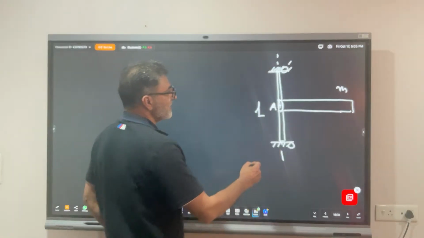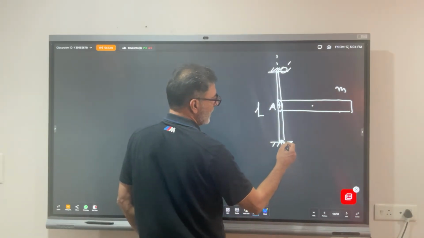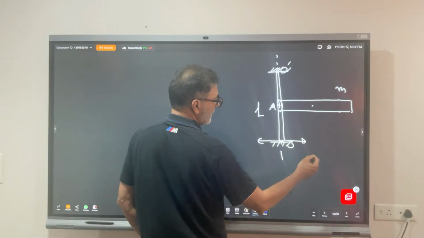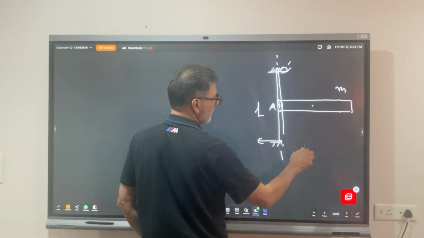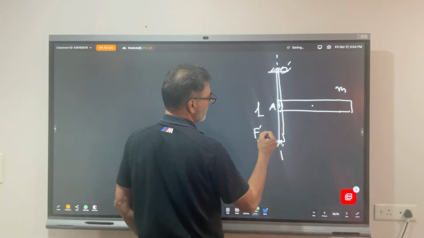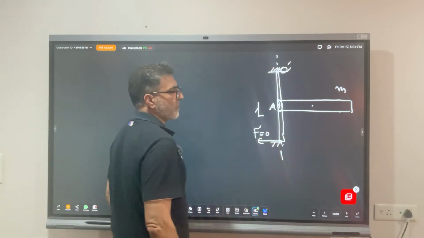The question is, when this rod rotates, the horizontal force at this lower point must be 0. F prime should be 0, and here F should be something to balance this force.